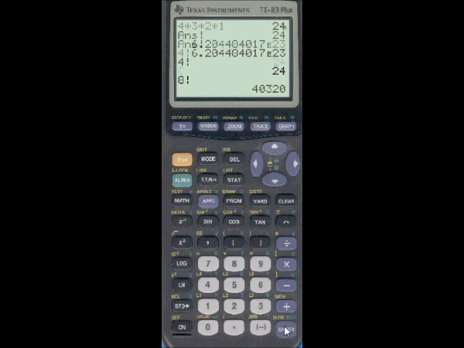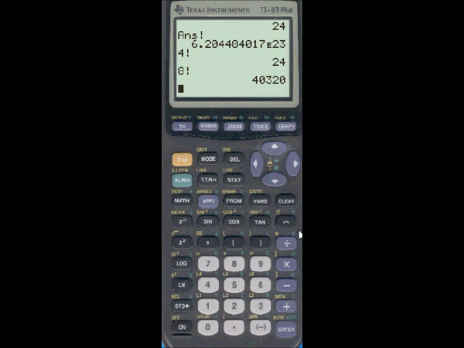Enter. 8 factorial, if you did that multiplication by hand to come up with 40,320, that would not be good. I mean, that would be a long time to multiply it out. Plus, there would be issues of whether you might have made a mistake somewhere along the line. 8 factorial, 40,320.